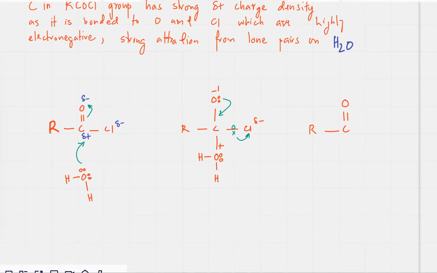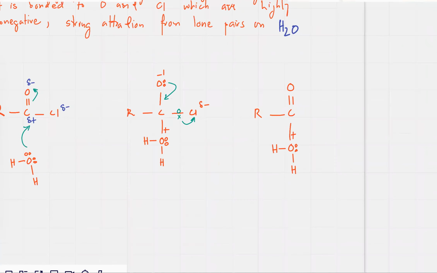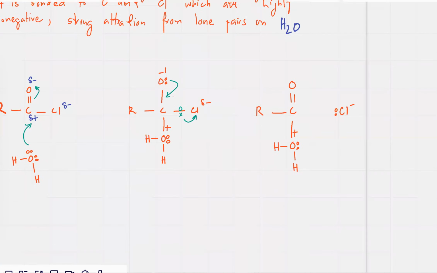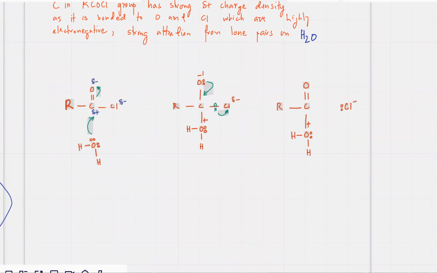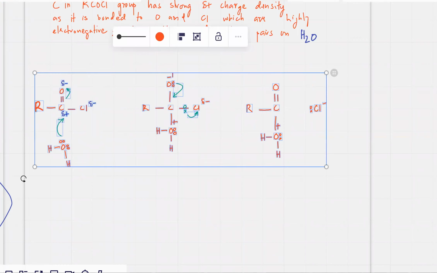You still have a water molecule at the bottom, which has a lone pair that's missing, which is why it's got a positive charge. And the Cl minus one has now broken away.